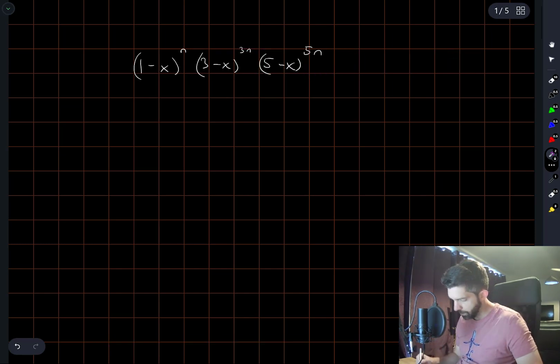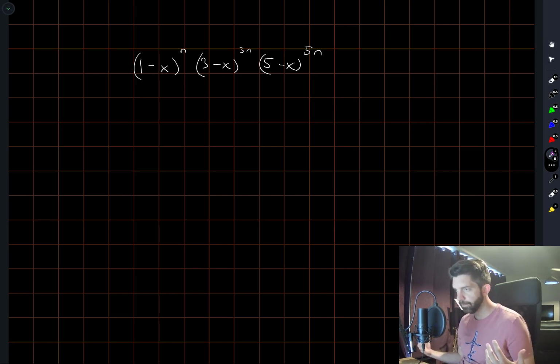Okay, so now the sign of each of these things, if n is even, this is positive, the whole thing. So in fact, I can eliminate option D right away. Option D says that this is negative when n is even and x is less than 5.